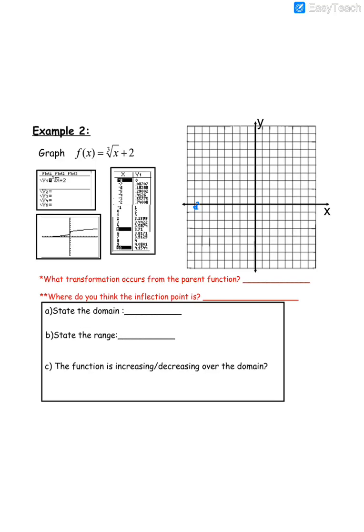So (-8, 0). The next nice point on my table is (-1, 1). Then I have (0, 2), (1, 3), and (8, 4).